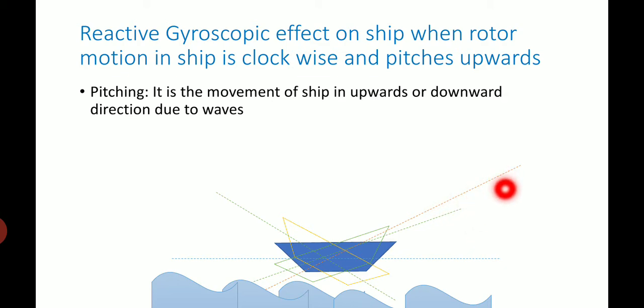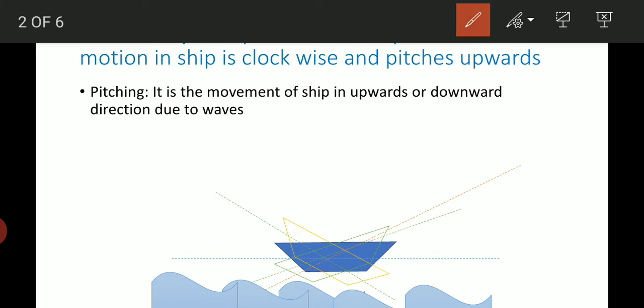Here you can see the maximum angle turned is phi. This is our angle theta, which we get in both cases, upward pitching and downward pitching, but the maximum angle we get during pitching motion is represented by phi.